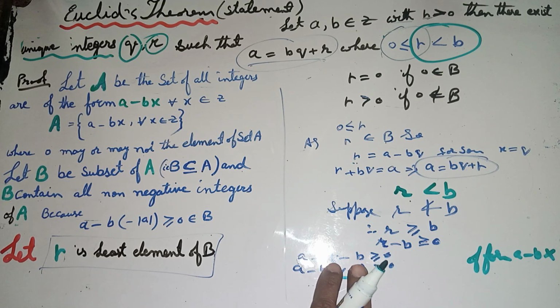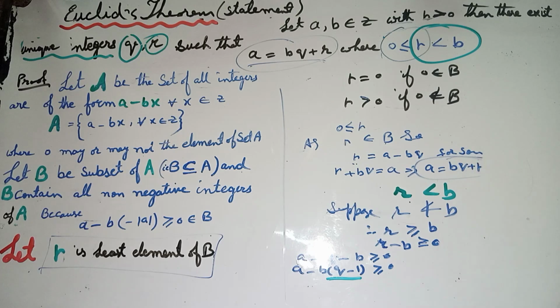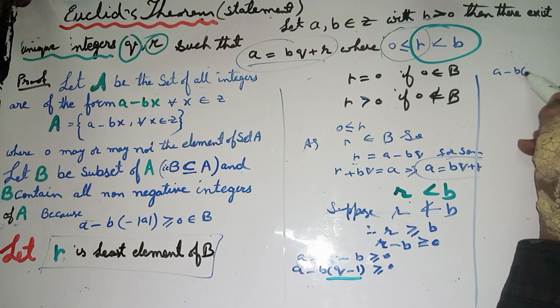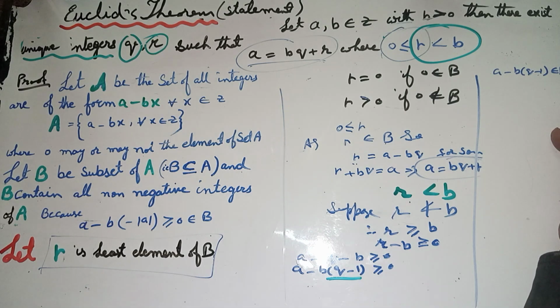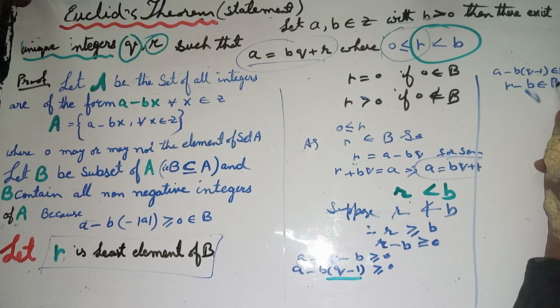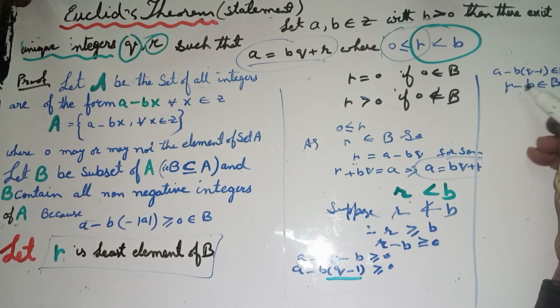As you know that all numbers of the form a minus bx belong to B. All numbers of this form belong to B, so a minus b(q minus 1) must belong to B. If this value belongs to B, then this is equal to r minus b. So r minus b belongs to set B.